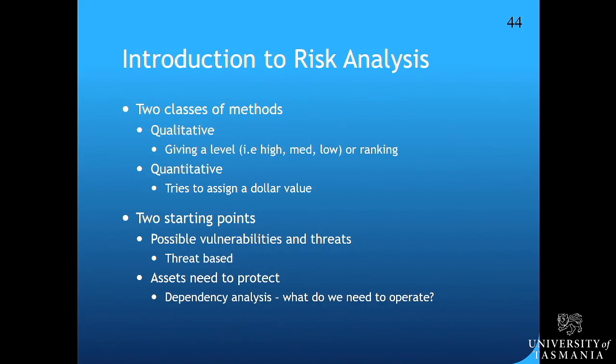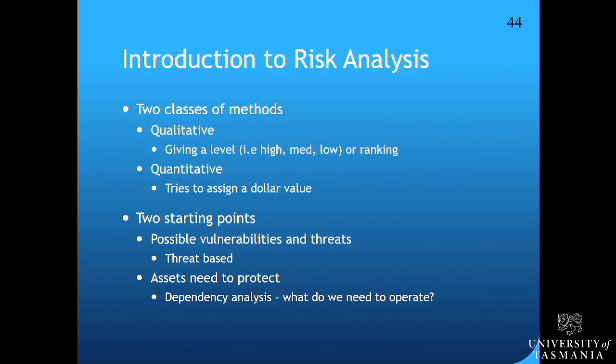Now, we've got a couple of starting points. One, we could do it based on the outcomes of our threat analysis, the threat-based approach, which is what we've already looked at. The other one we could do, which is very much more the accounting way and not using the ICT knowledge, is go, what systems do we have in place?